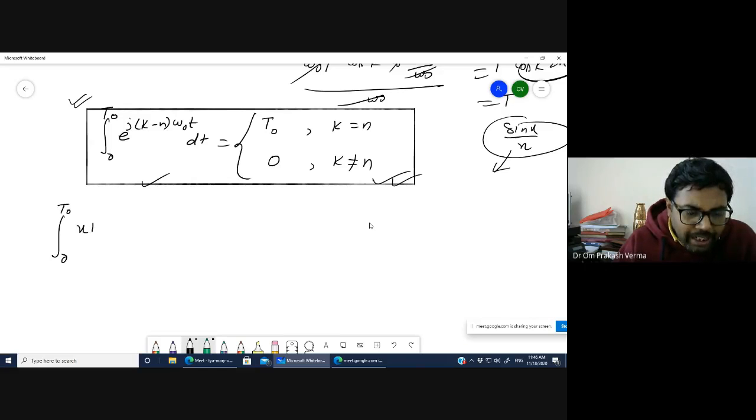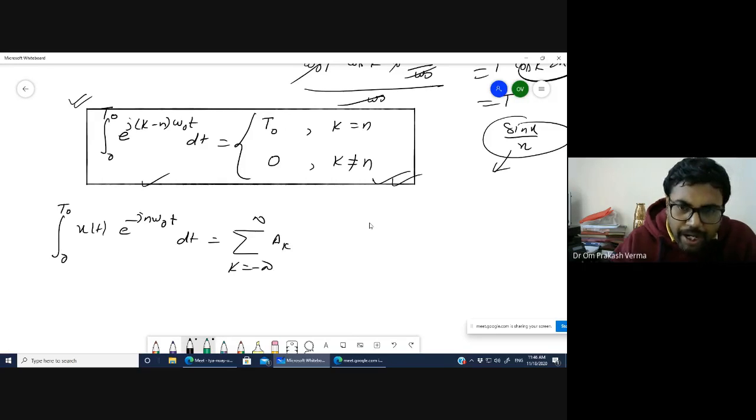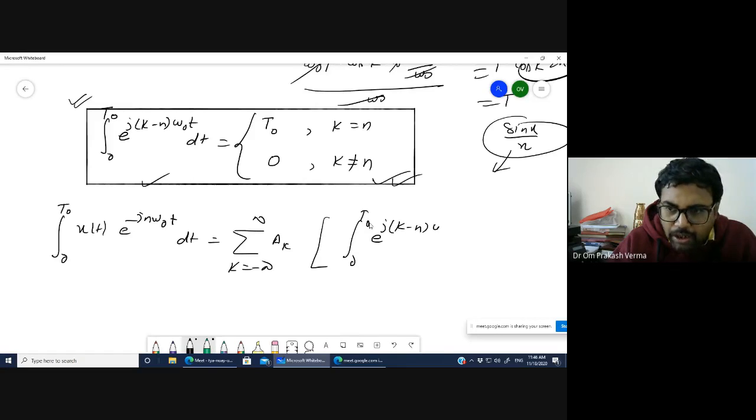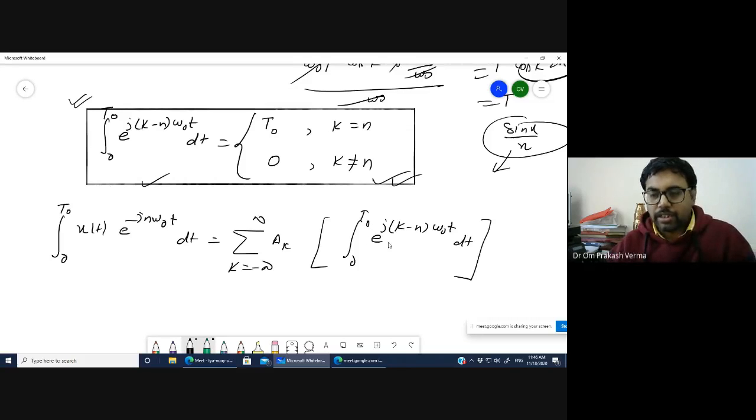So the integral of x(t) e to the power minus j n omega naught t dt is equal to the summation over k from minus infinity to infinity of a_k, and the integration was 0 to t naught of e to the power j (k minus n) omega naught t dt, right? These are the things.